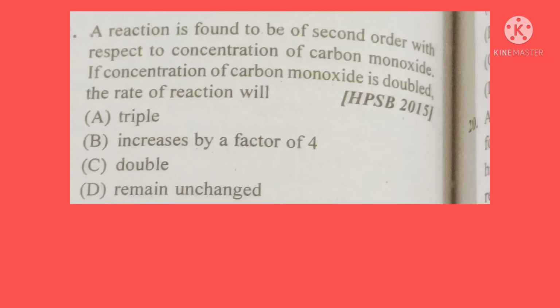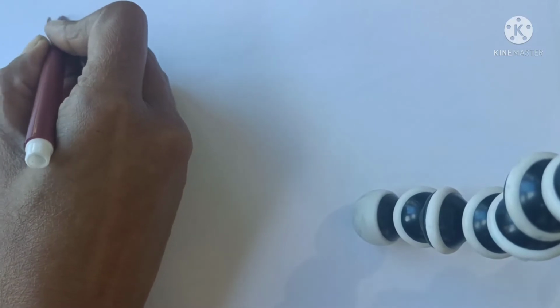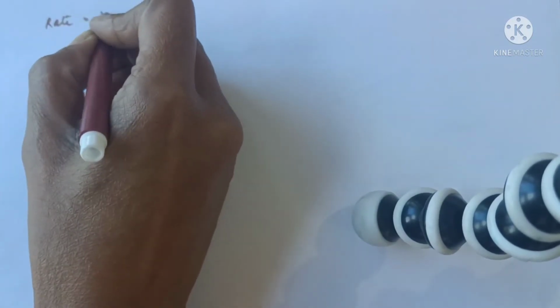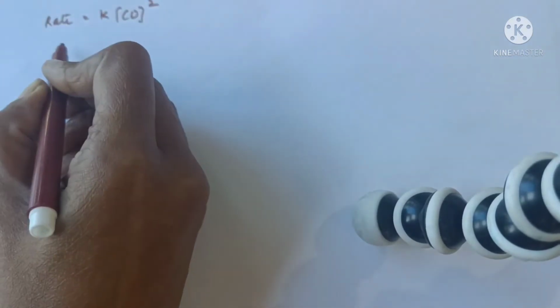A reaction is found to be of second order with respect to concentration of carbon monoxide. If concentration of carbon monoxide is doubled, the rate of reaction will increase by a factor of 4. Let's see how this is done. So rate is equal to K into carbon monoxide square.